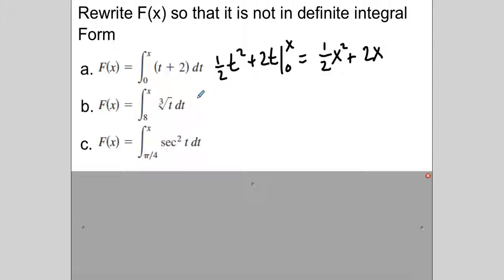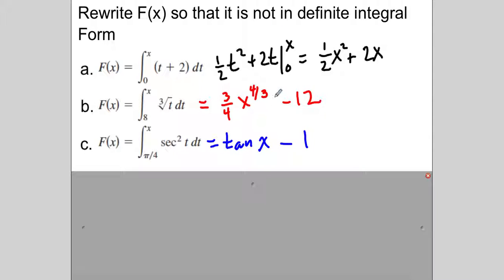Right, so this one here, you would get 3/4 x to the 4/3 minus 12. And this last one here, we would get tangent x minus 1. Okay?